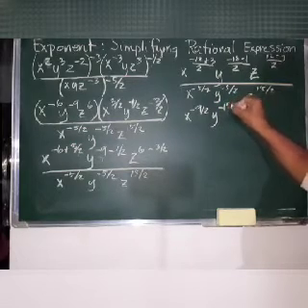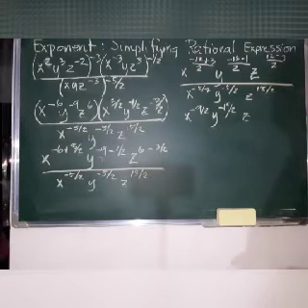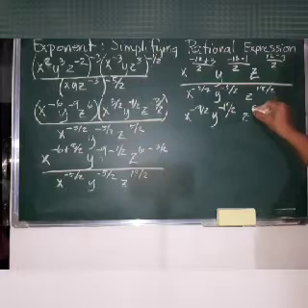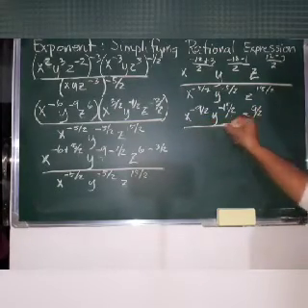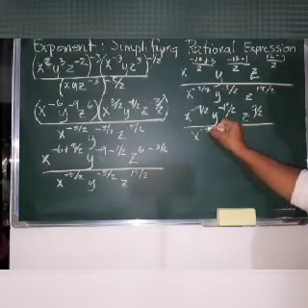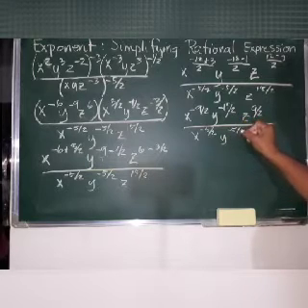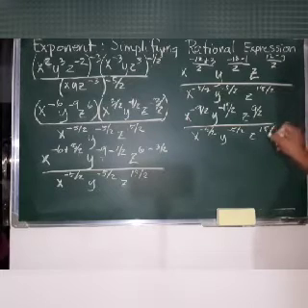Negative 19 halves. And z, 12 minus 3 ay 9. Mas malaki ang positive, kaya positive 9 halves. All over, x raised to negative 5 halves, y negative 5 halves, z 15 halves.